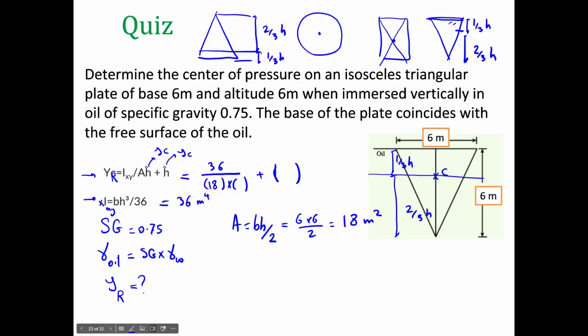So for your shape, h bar or yc is equal to what? 2, right? So you write 2 here and 2 here, and you are done. Again, center of pressure is different from center of gravity.